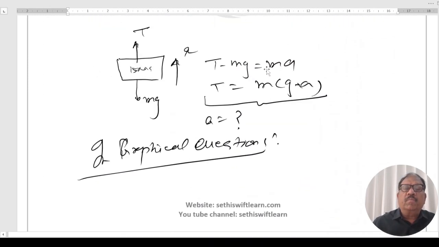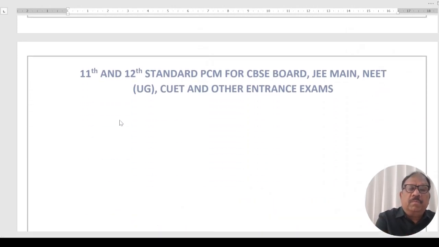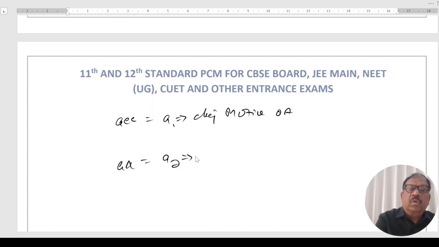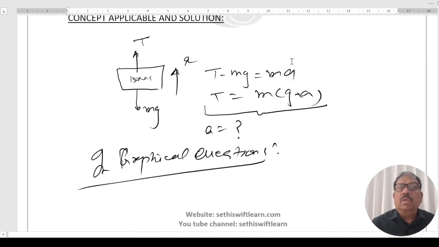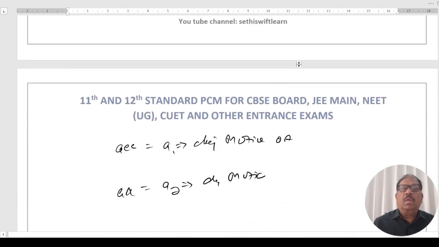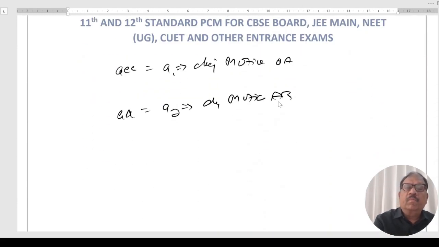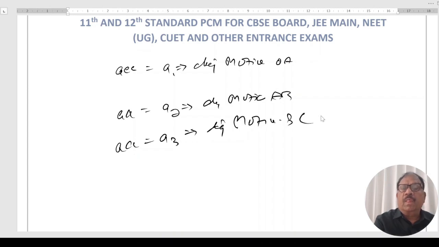So acceleration a1 during motion OA, then acceleration a2 during motion AB, and acceleration a3 during motion BC, right?